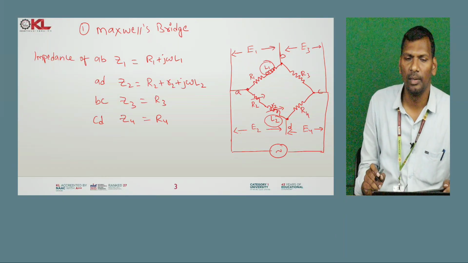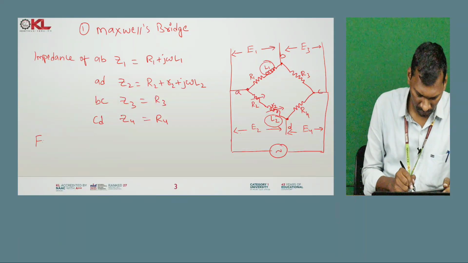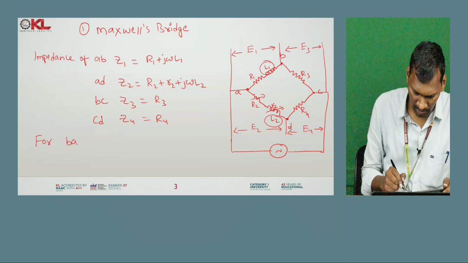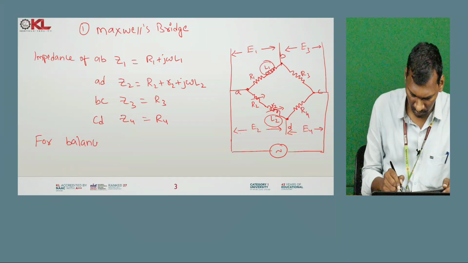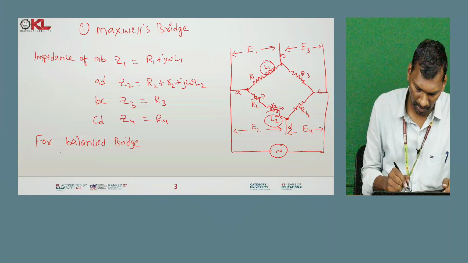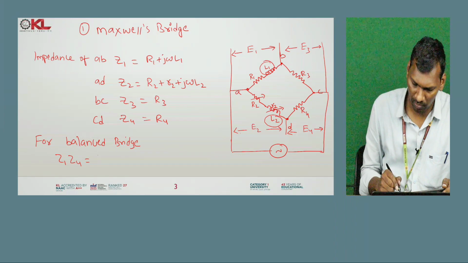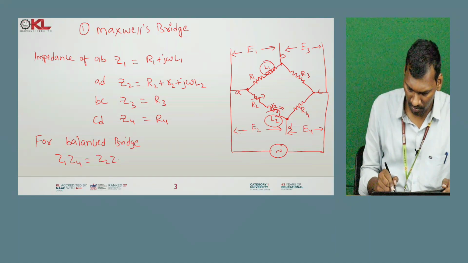Hence, for a balanced bridge, Z1 Z4 is equal to Z2 Z3.